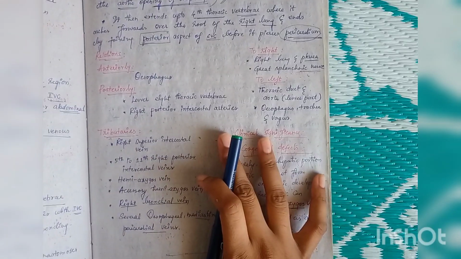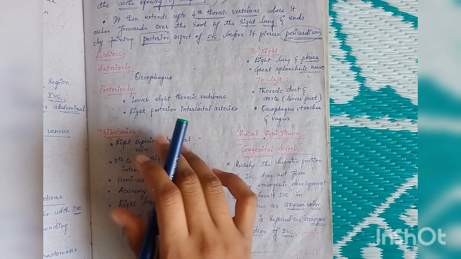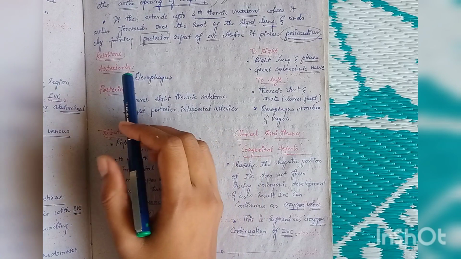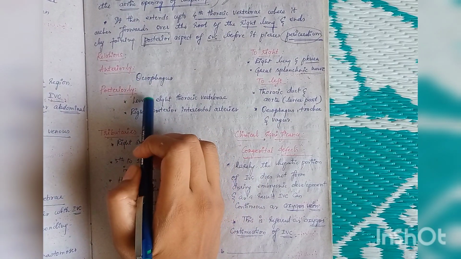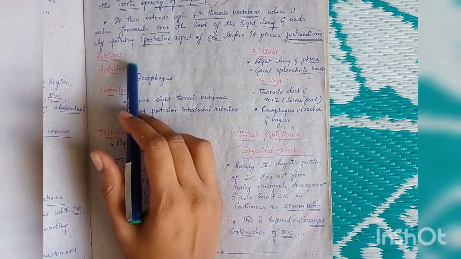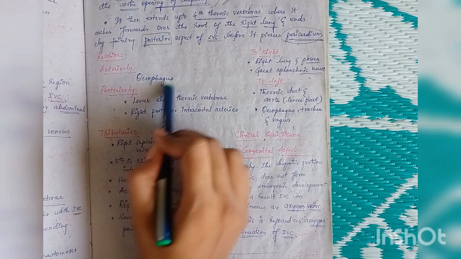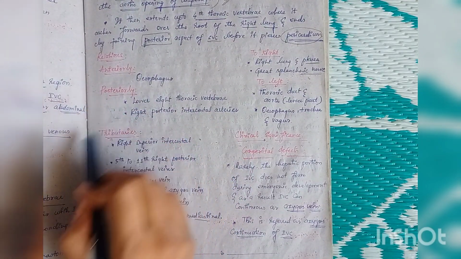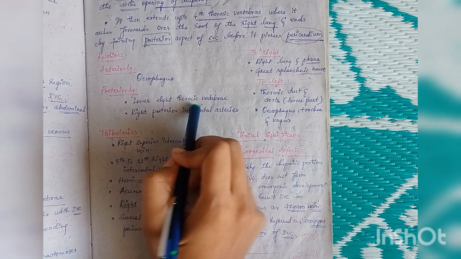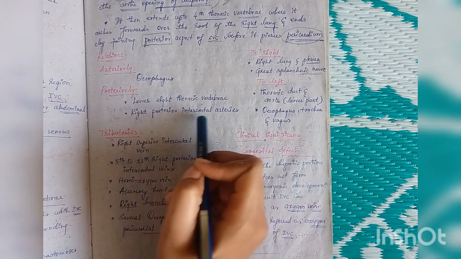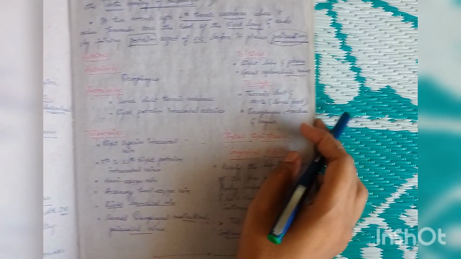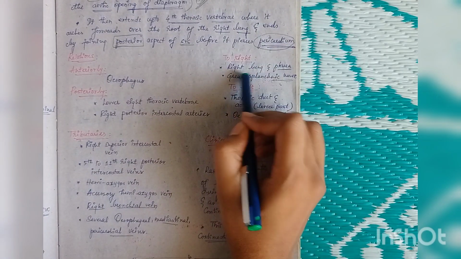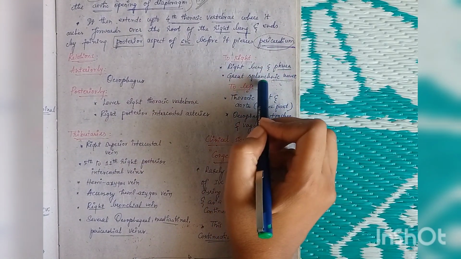So what are all the relations? This vein has relations anteriorly to the esophagus, and posteriorly to the lower right thoracic vertebrae and right posterior intercostal arteries. To the right are the lung and pleura, and the greater splanchnic nerve.